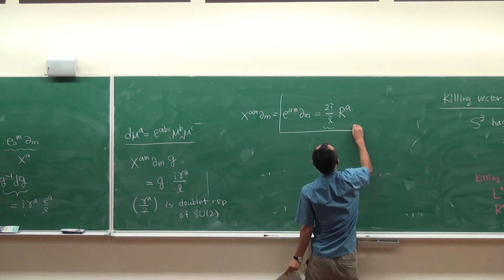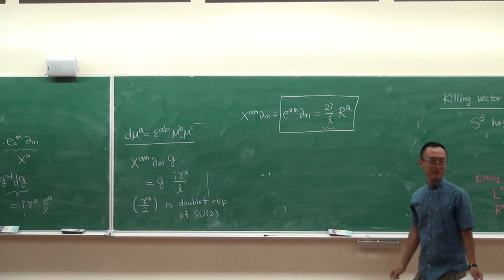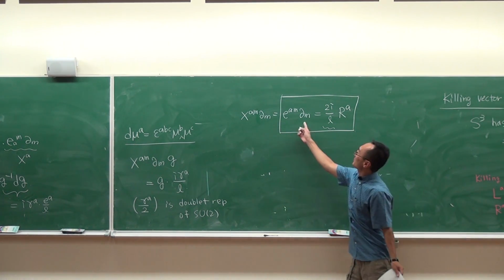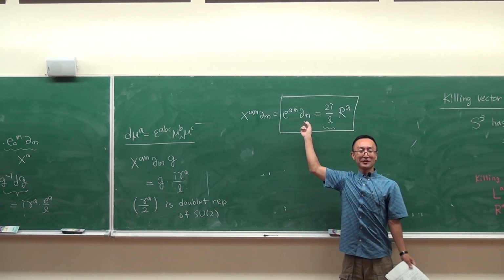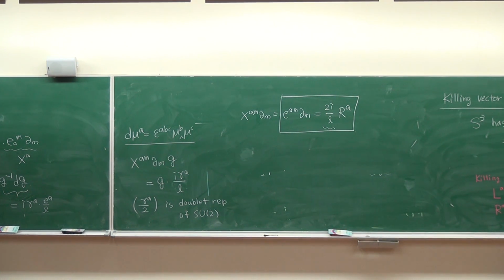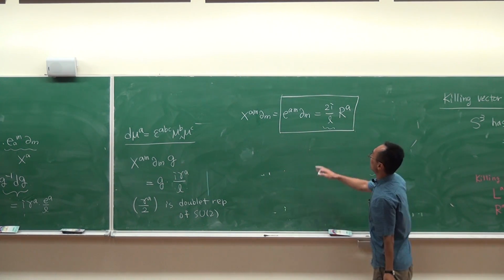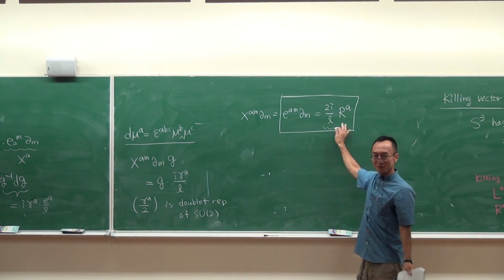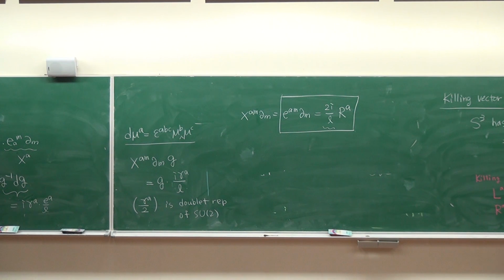So this result is going to be very important, because this kind of differential operator makes appearance very often in these expressions. So what I'm going to do next is to make use of this relation between the differential operator and the SU(2) generator, and rewrite this operator in terms of SU(2) representations.